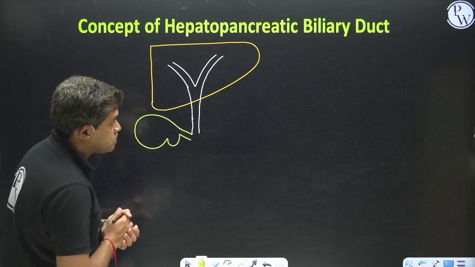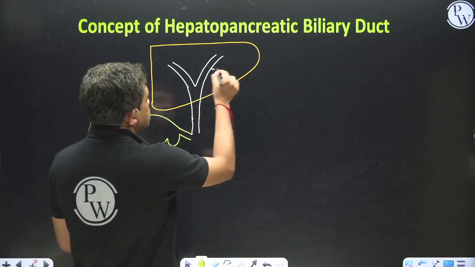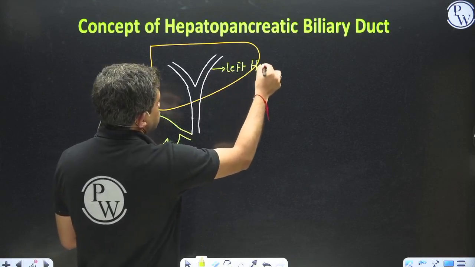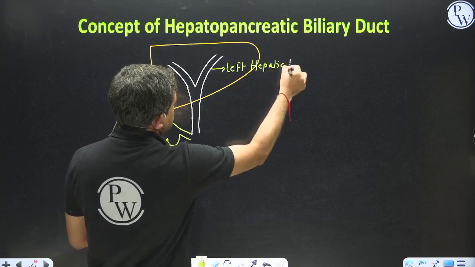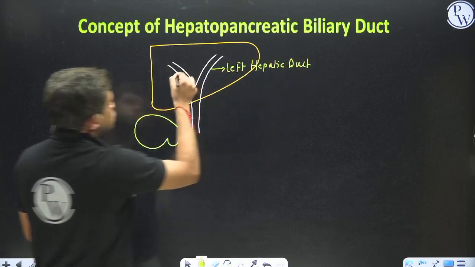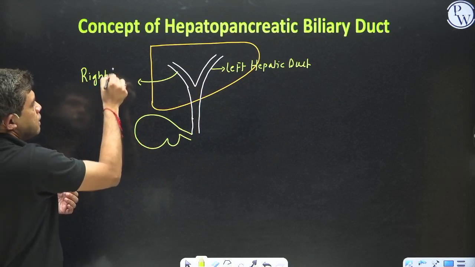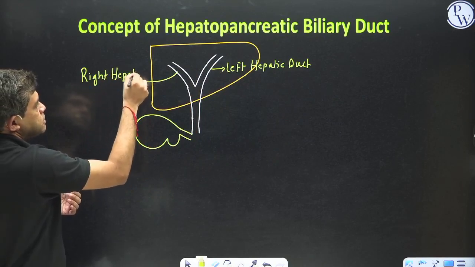So let us first draw. This is termed the left hepatic duct, and this one is the right hepatic duct.